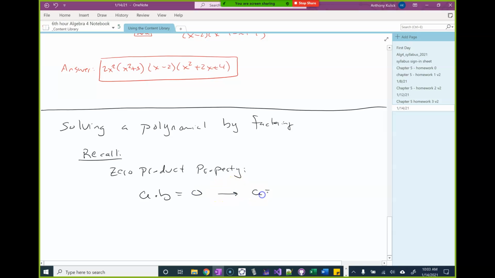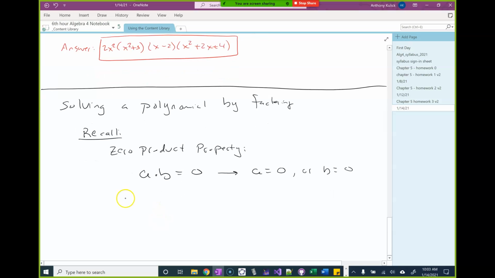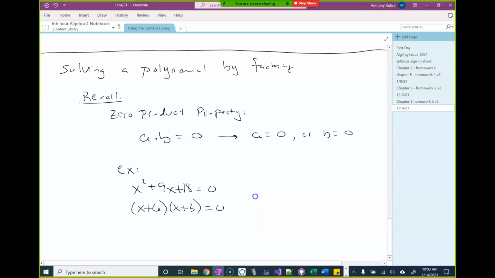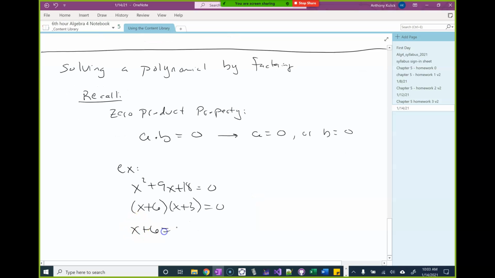And the way we used this in first semester was to solve a problem like x squared plus 9x plus 18 equals 0, which allowed us to factor that into x plus 6 times x plus 3, and then we could take each of those factors and set them equal to 0 and solve them separately, right? You guys kind of remember doing that last semester?